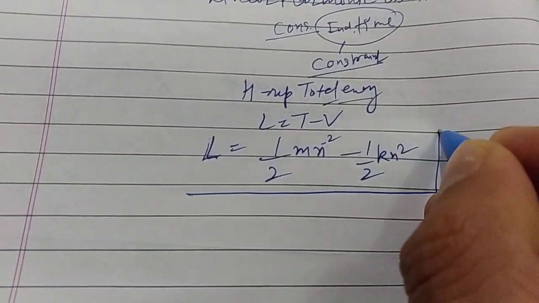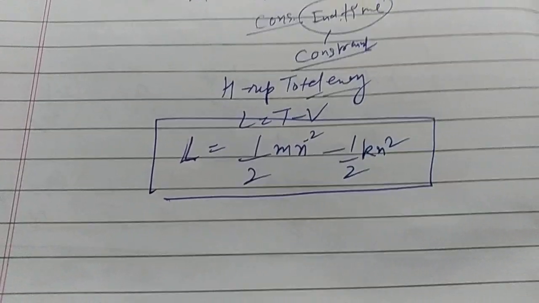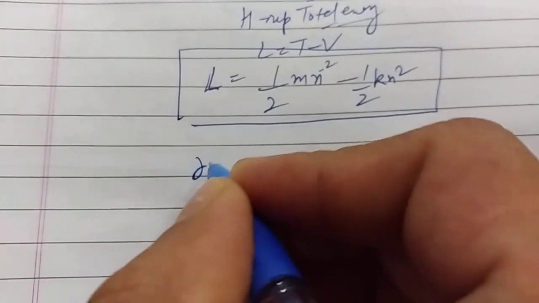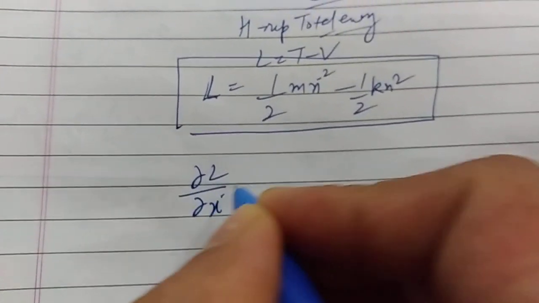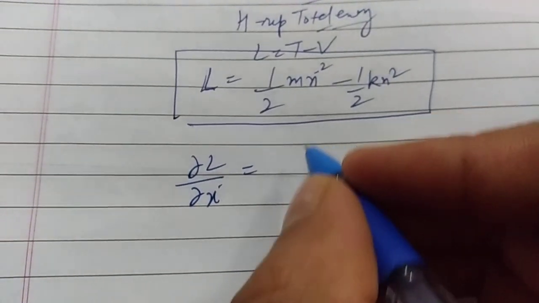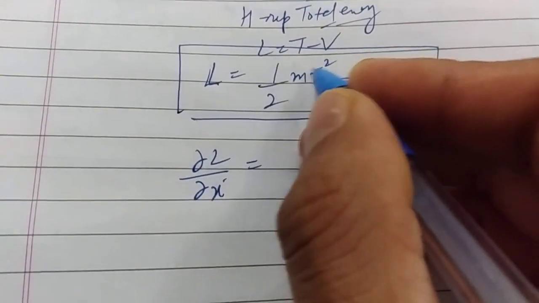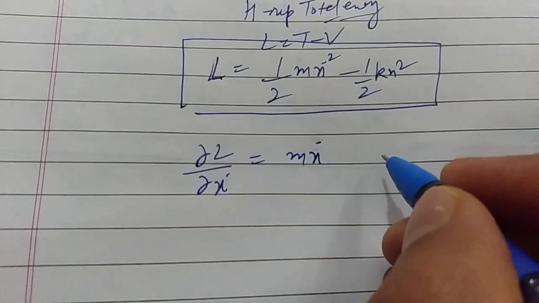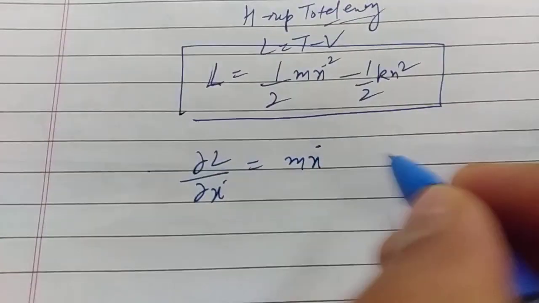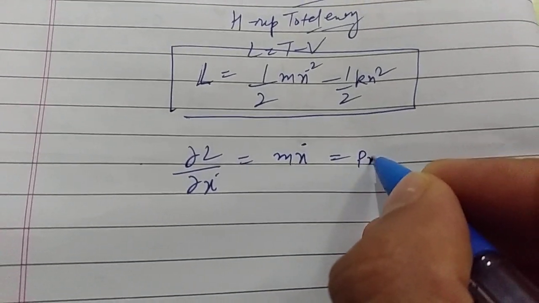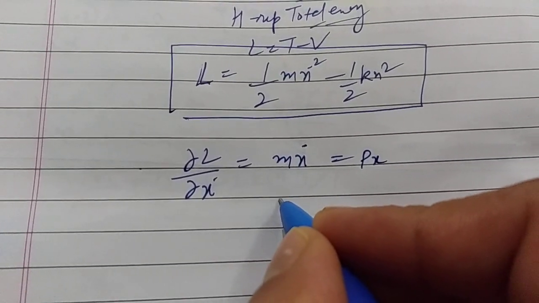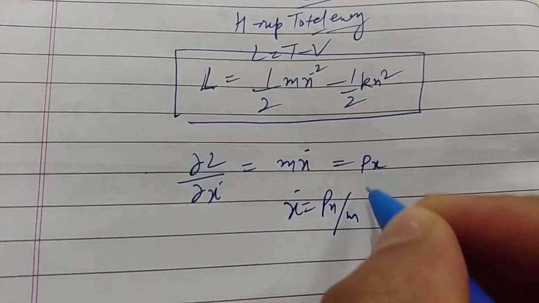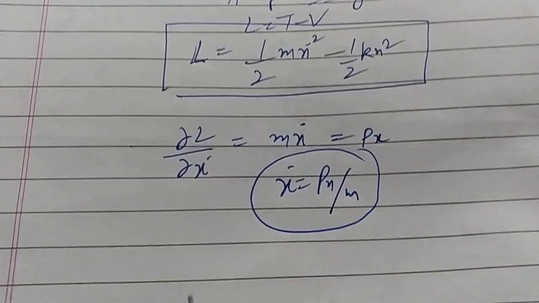That is the expression for the Lagrangian. Then, first we will get del L upon del x dot, which we get by differentiating: the 2 cancels, and it is simply m x dot. As we know, del L upon del x dot is basically px, so x dot is px upon m. We'll simply note that relation.